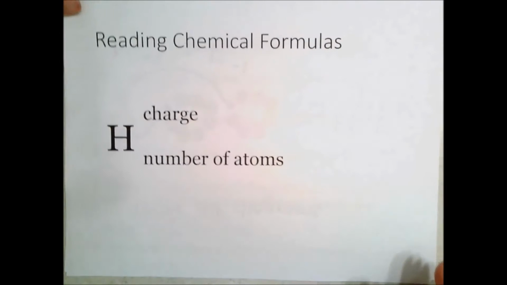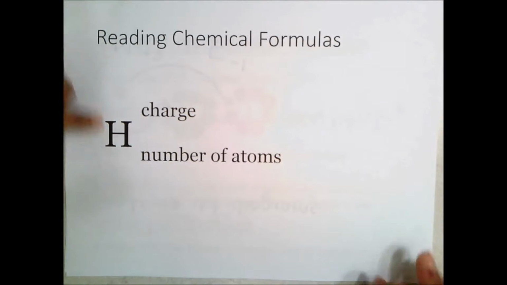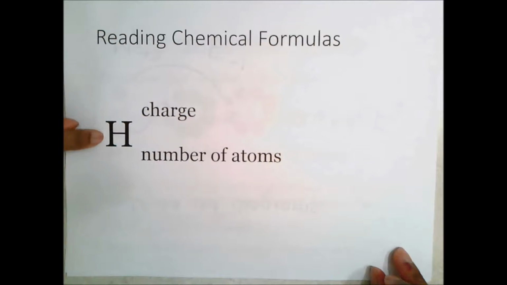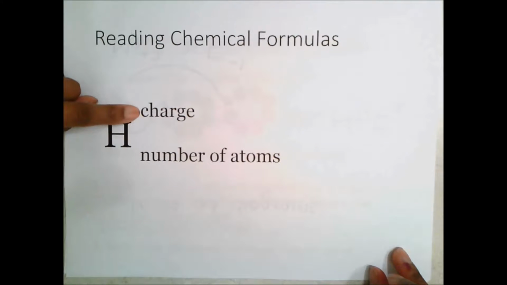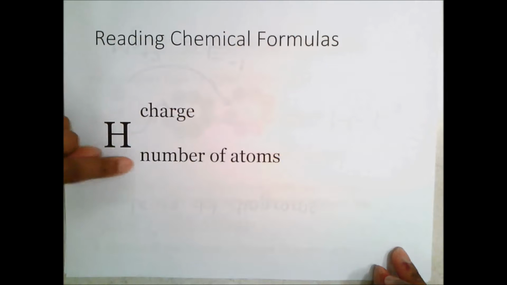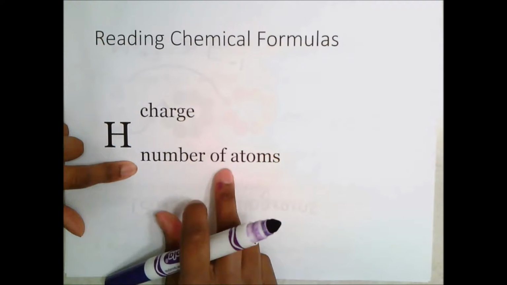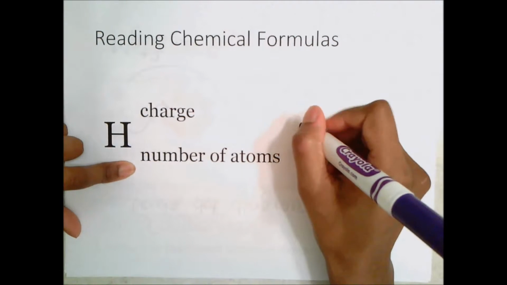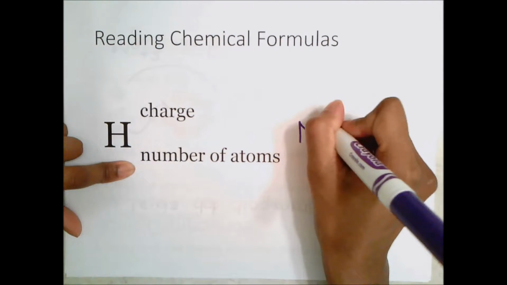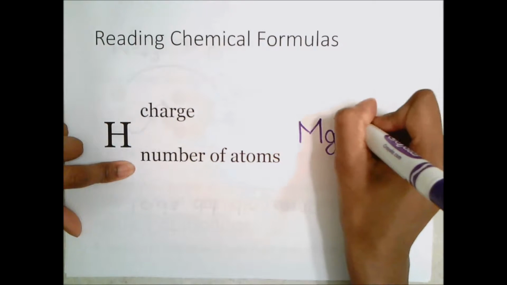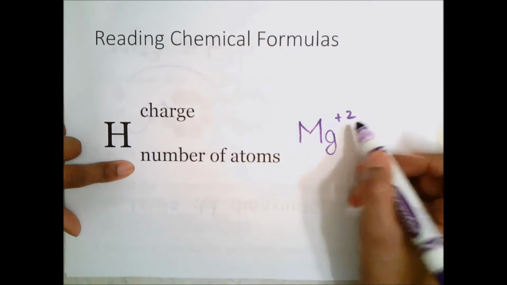If you forget how to read chemical formulas, here is how you're going to read it. There's the chemical symbol. On the top right corner, we write the charge. Any number that we see in the subscript is referring to the number of atoms that we need. For example, if you see magnesium with a number on the top right, that's telling us the charge.